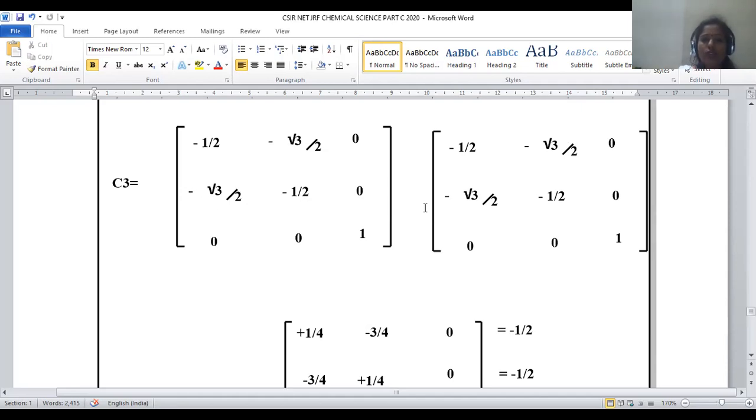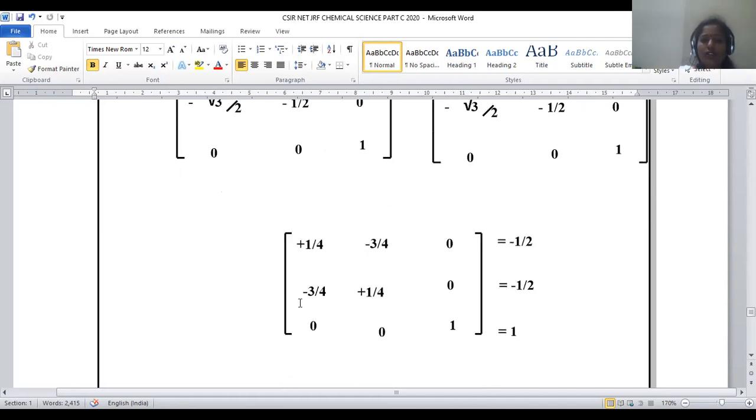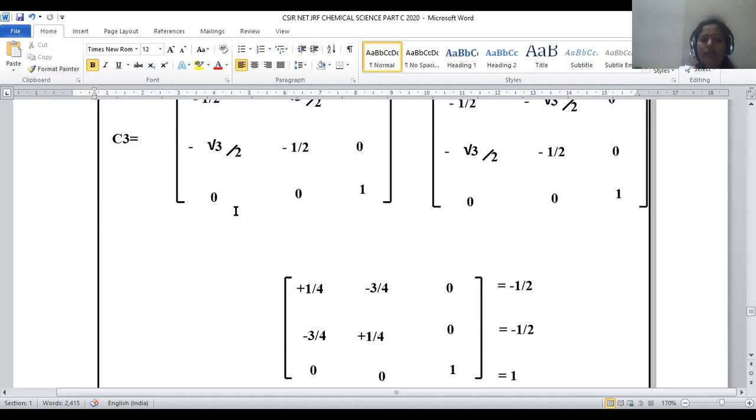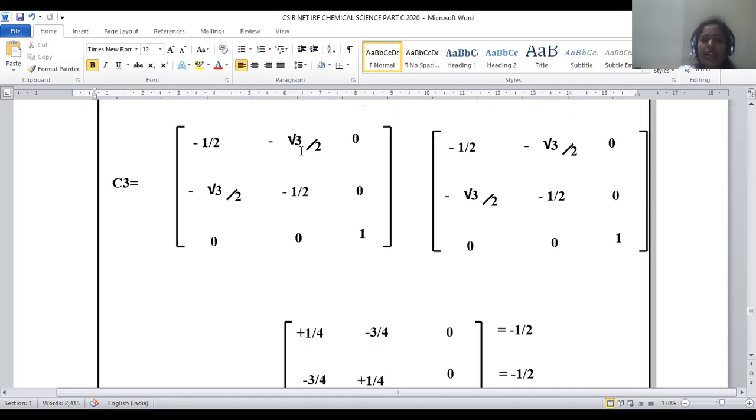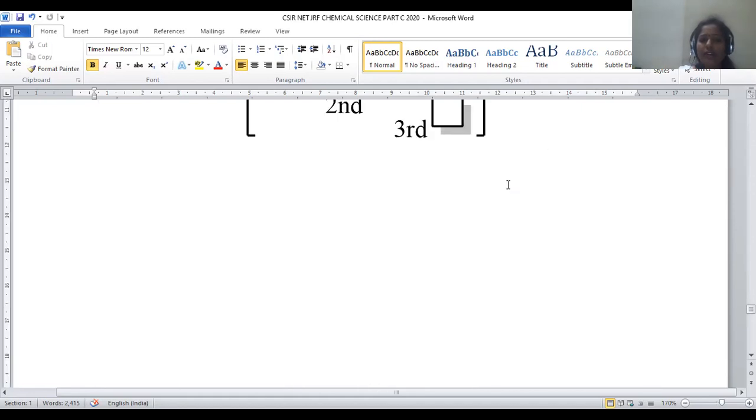Under root 3 into under root 3 becomes 3 only. Minus into minus is plus only. By 2 into 2, 4. So it will become 3 by 4. 0 into 0, the value becomes 0, right? And this is the first row. The first row can be multiplied in this manner. This minus 1 by 2 can be multiplied with minus 1 by 2. Minus under root 3 by 2 can be multiplied with minus under root 3 by 2.